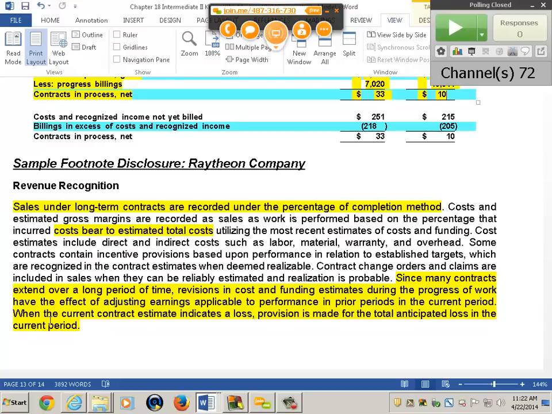What does that mean? It means that you could have overstated income or understated income the year before, but you make up for it in the current year. It's a prospective change. You don't go back and readjust prior earnings. You would change in the year that the estimate changes, or you adjust in the year the estimate changes.